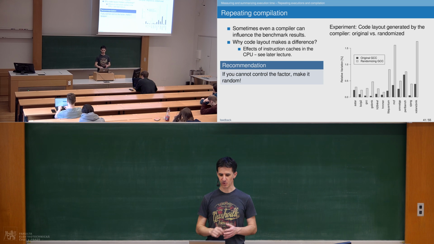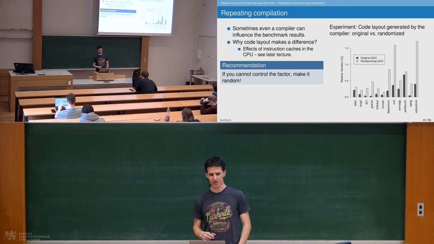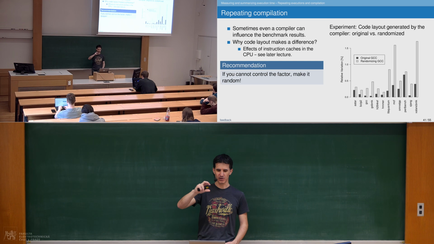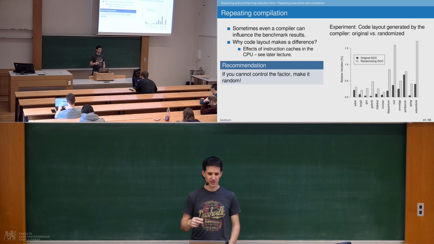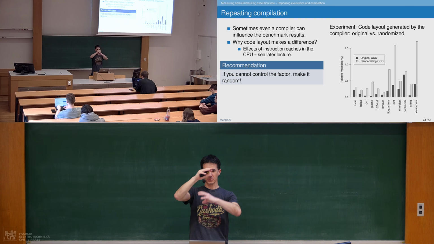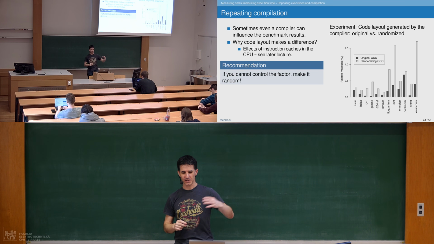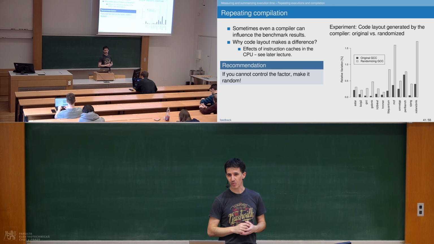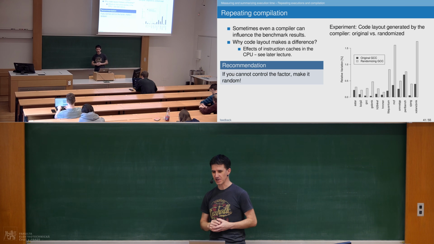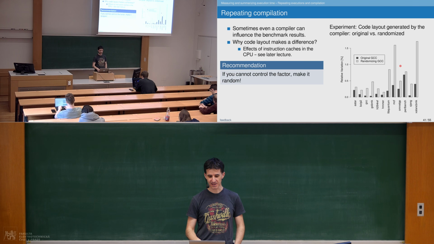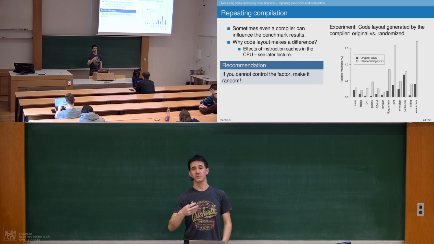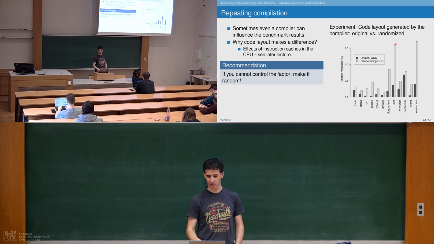So normally the linker puts functions in your code in the same way as the functions are stored in your source code. They tried to modify the linker so that it reordered the functions, so that the functions were stored in memory in a different order than in your source code, and repeated the benchmarks. And as you can see, the layout of the code in your memory has some influence on the repeatability of experiments.